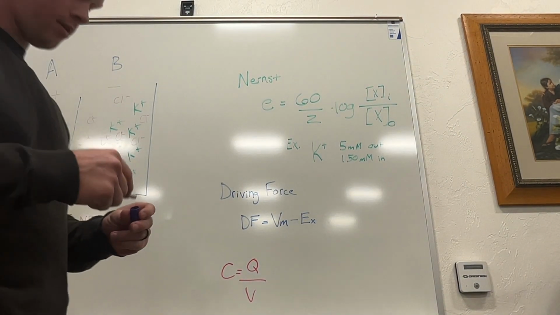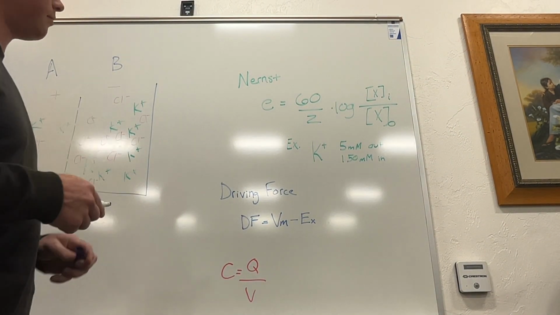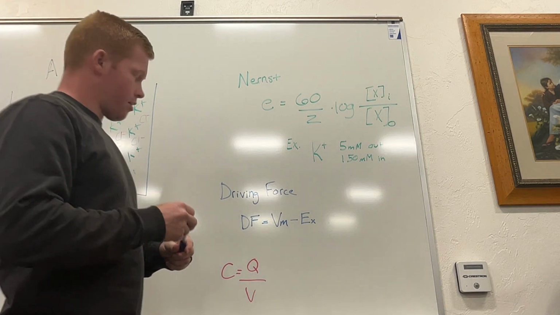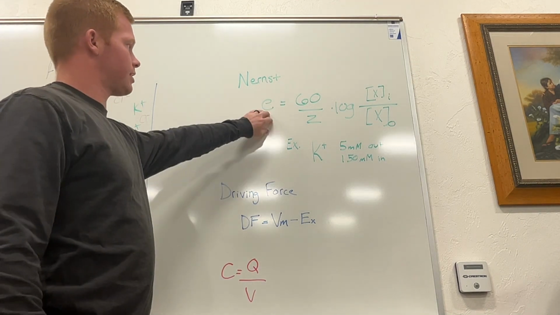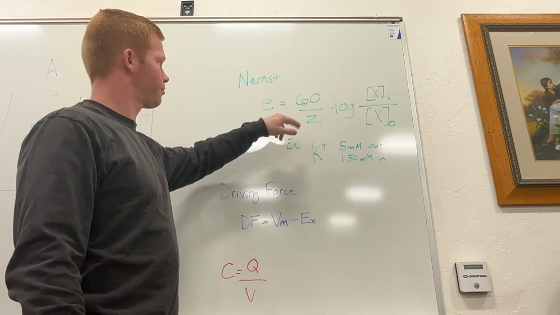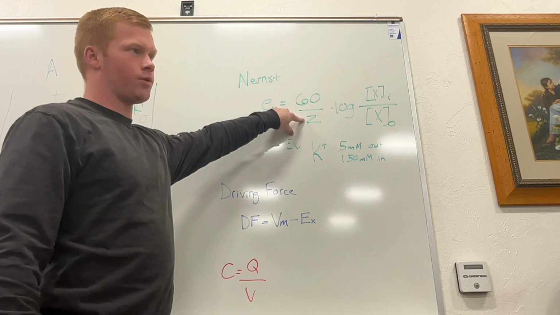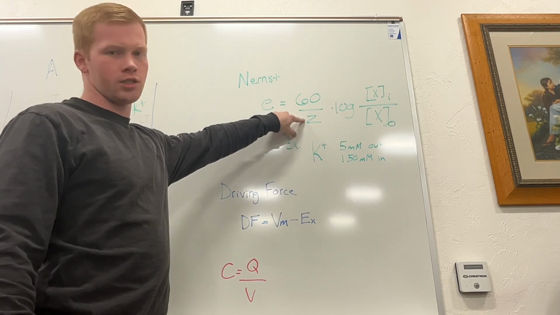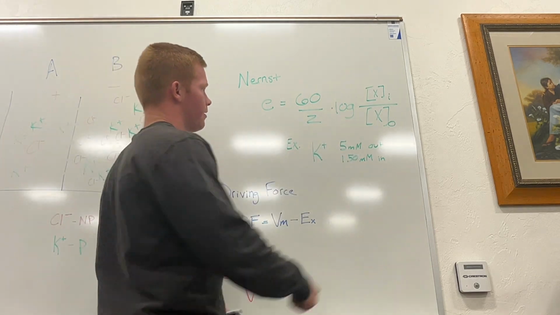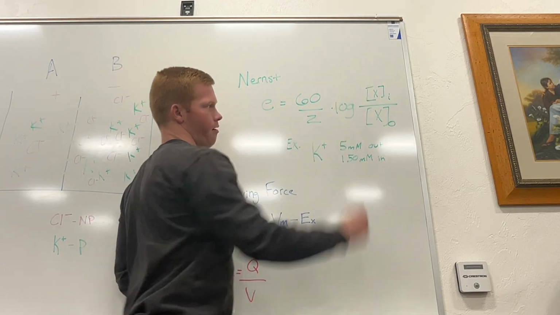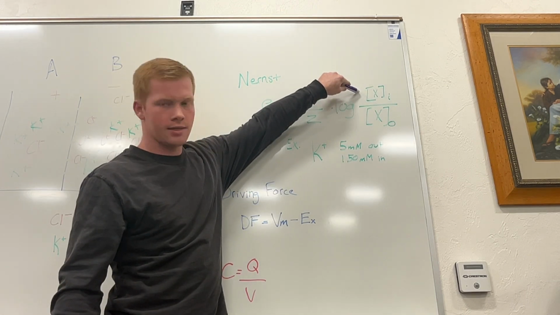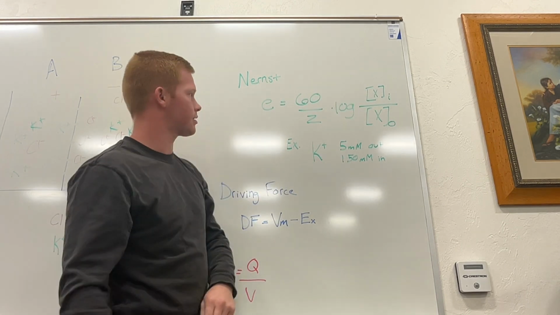So, the Nernst equation, we're going to use, this is the equation, it's E equals 61.5 over Z, which is the charge of the ion, times log 10, divided by the molecule inside the cell, molecule outside the cell.